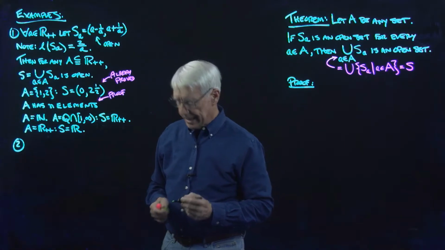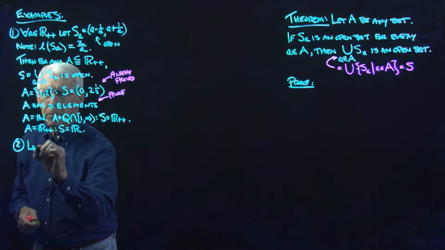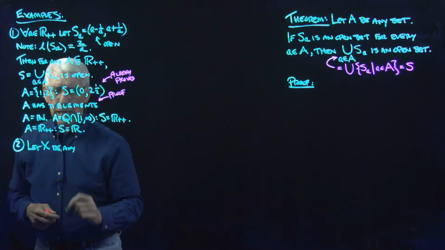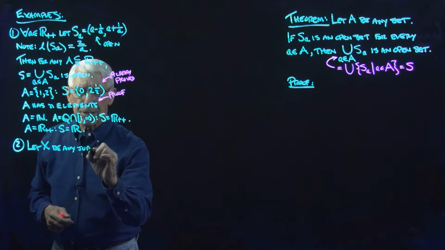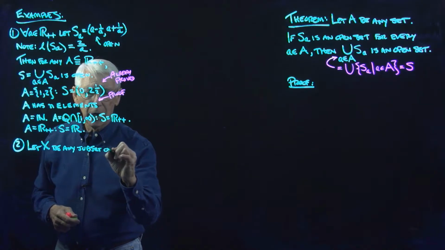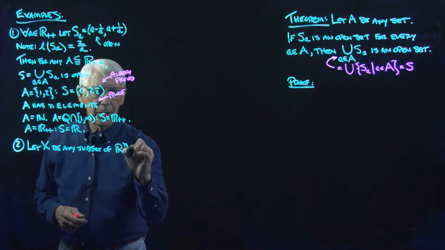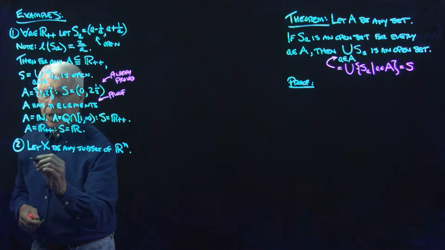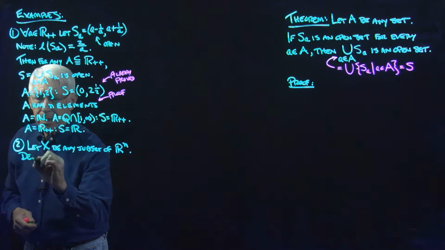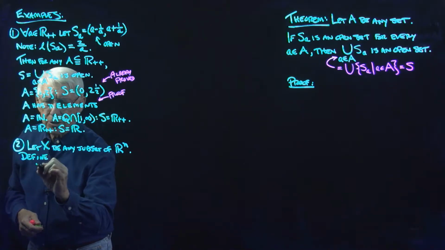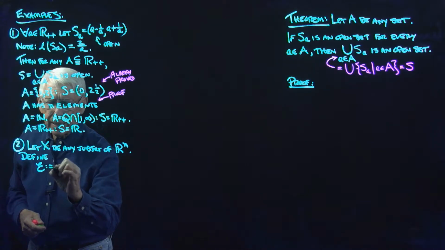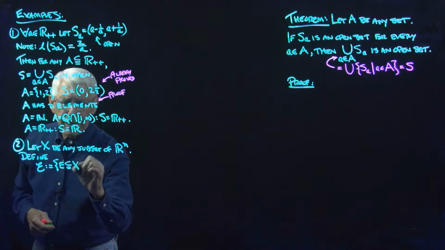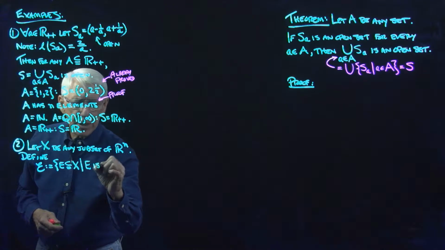let's let X be any kind of a set, but let's say it's a subset of Rn, because we're used to thinking about sets in Rn. And let's define script capital E to be the set of all subsets of capital X such that E is open.